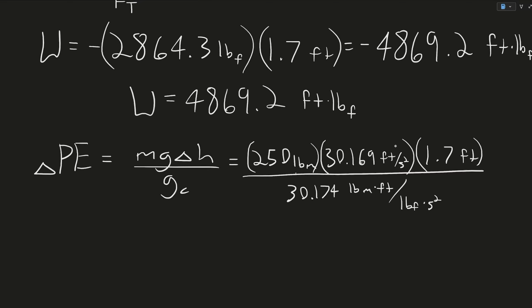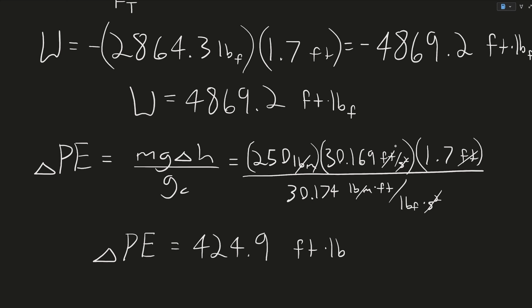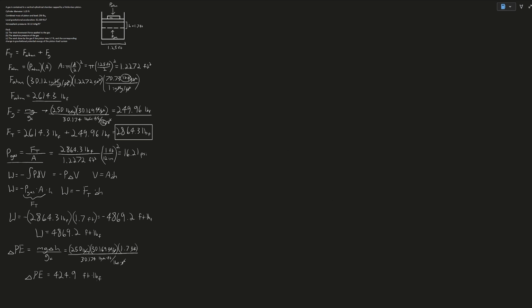So checking our units, the pound mass cancel, the feet cancel, and then the seconds squared cancel. This gives us a change in potential energy of 424.9 foot pound force. Zooming out now, that is the full solved problem.